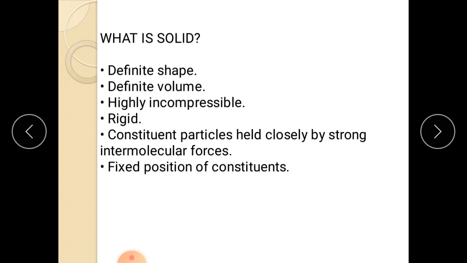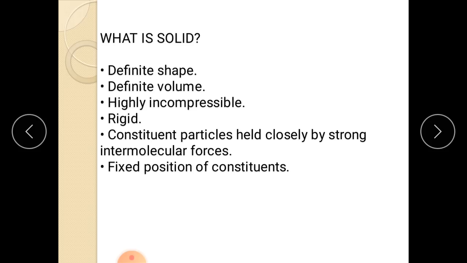Means they don't have a definite shape, and there is a negligible force of attraction between the molecules due to lack of intermolecular force of attraction between the atoms or molecules in the gaseous state.